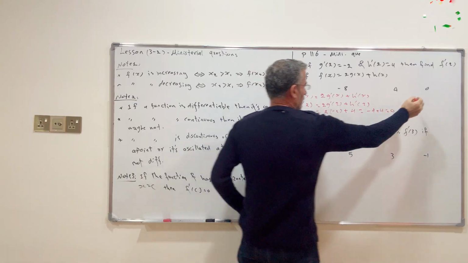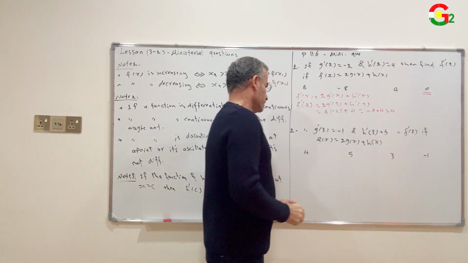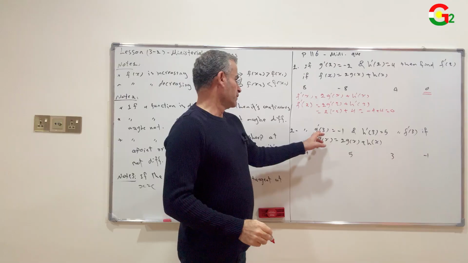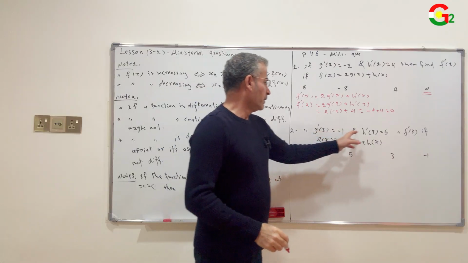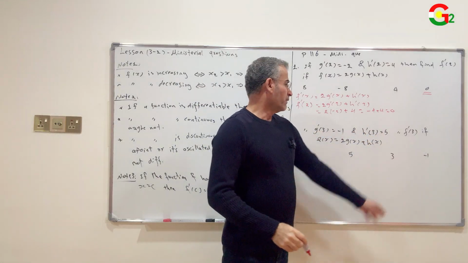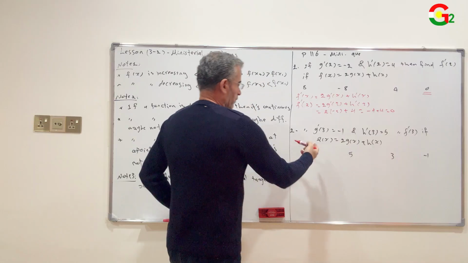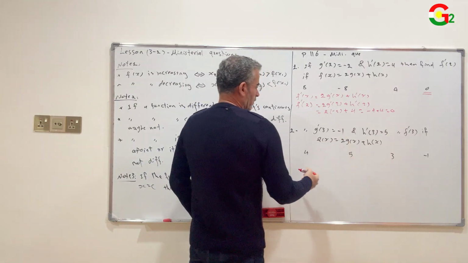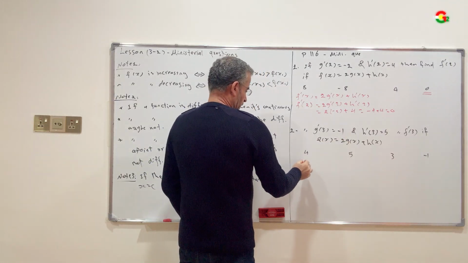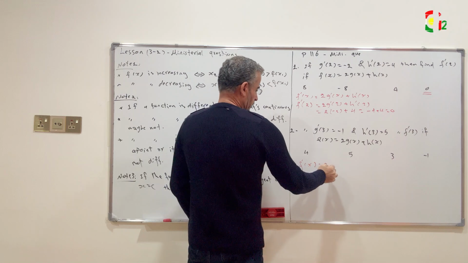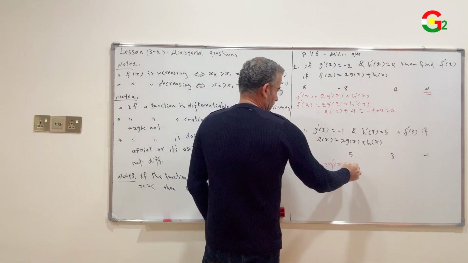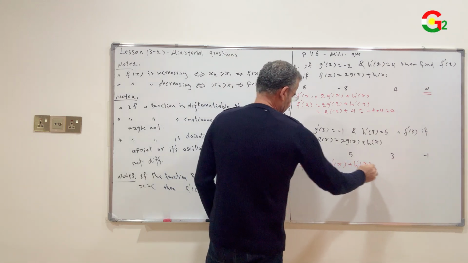equals 0. Choice D. Question 2: if g prime of 3 equals negative 1 and h prime of 3 equals 5, find f prime of 3, where f of x equals 2 g of x plus h of x. First, find f prime of x equals 2 g prime of x plus h prime of x.